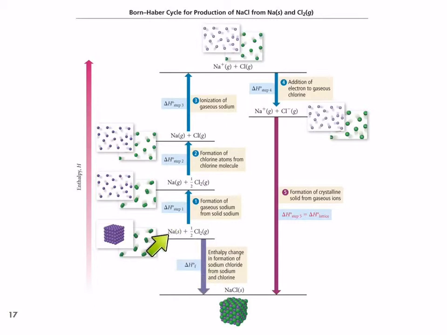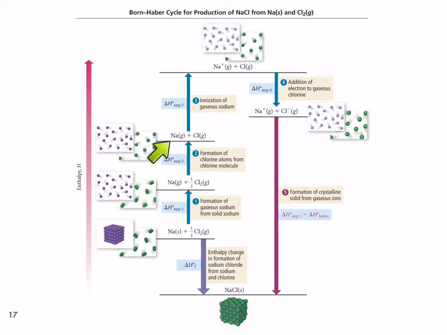So if we take the sodium and go from sodium solid to sodium in the gas state, we know the heat of formation for that, and that's going to require an input of energy. Then we're going to take this chlorine molecule and make it into chlorine atoms, and we can look up the energy required for that.